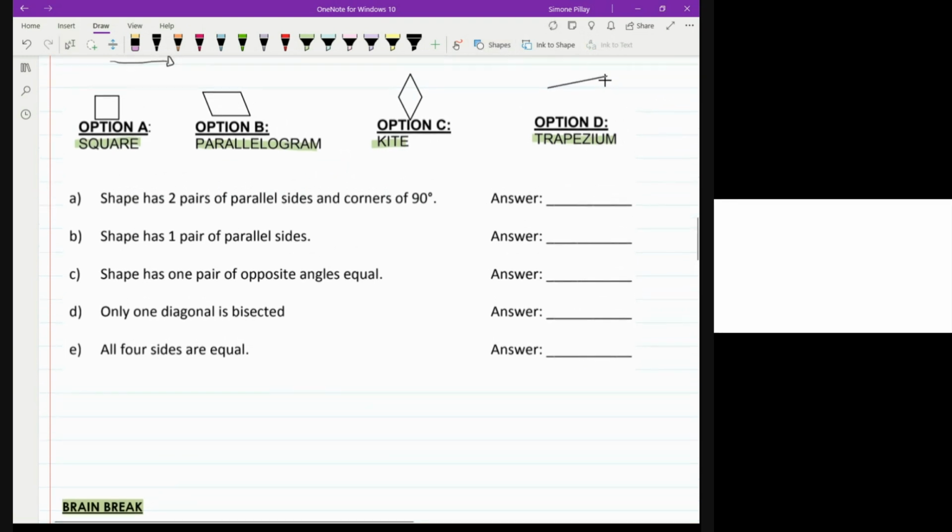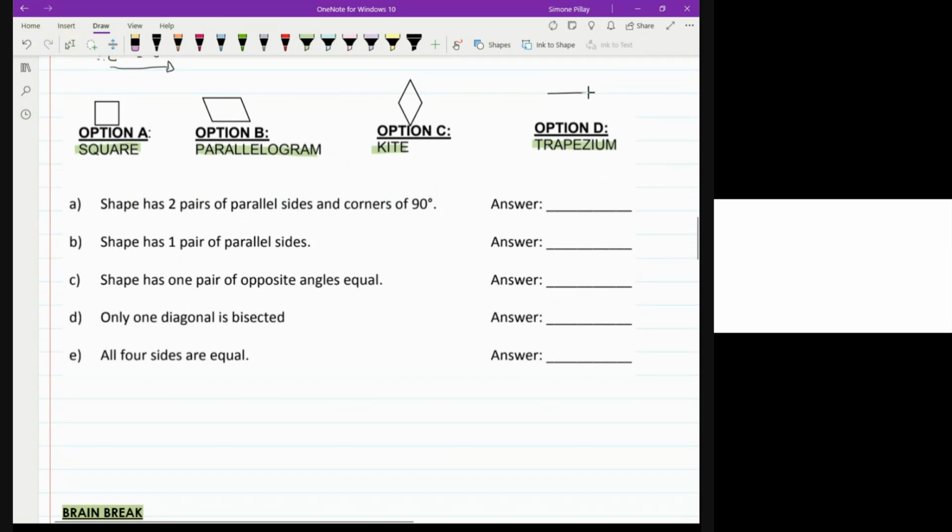While I'm doing this, you guys should be thinking back to your properties of these shapes. Okay, and so that is a trapezium.